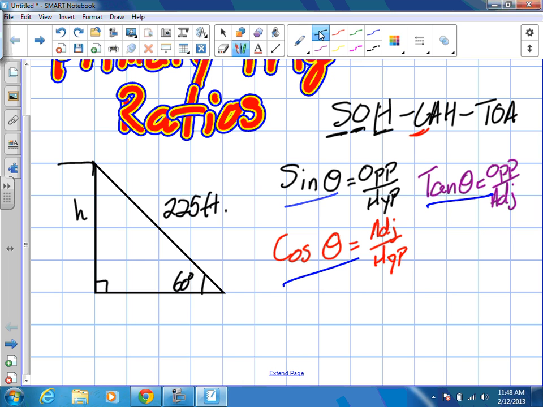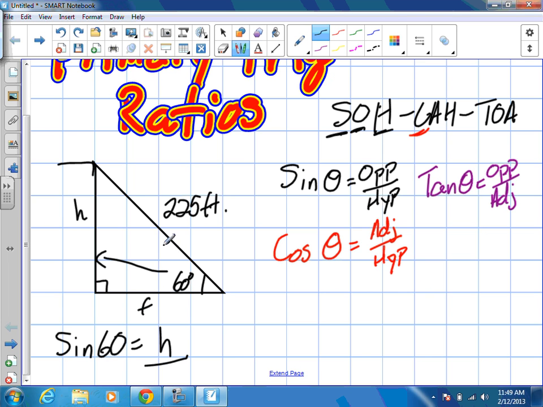Okay? So sine 60 degrees is equal to what side is opposite of 60? The h, that's right. That's our unknown side. So we're going to have h divided by, and hypotenuse. What is the length or variable for hypotenuse?